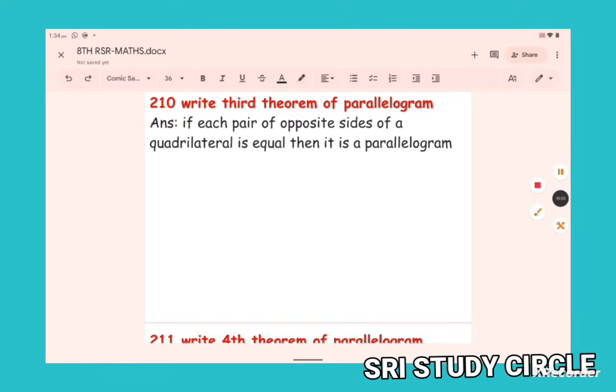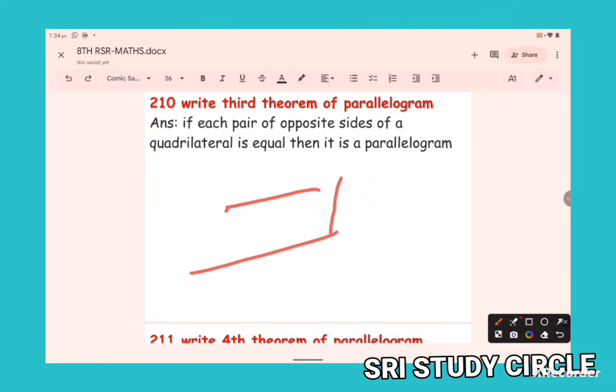Third theorem of parallelogram. If each pair of opposite sides of a quadrilateral is equal, then it is a parallelogram.